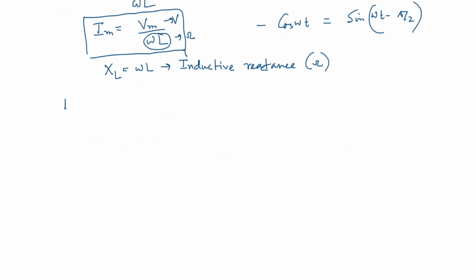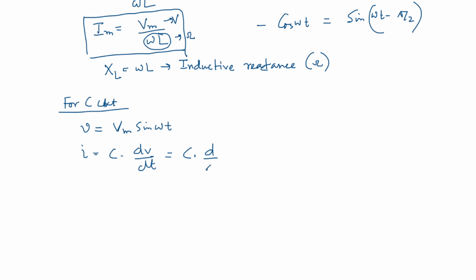So in case of a capacitive circuit, we have V is equal to Vm sin omega t, and I is equal to C into dV/dt. What is V? d/dt of Vm sin omega t. Now take Vm outside.